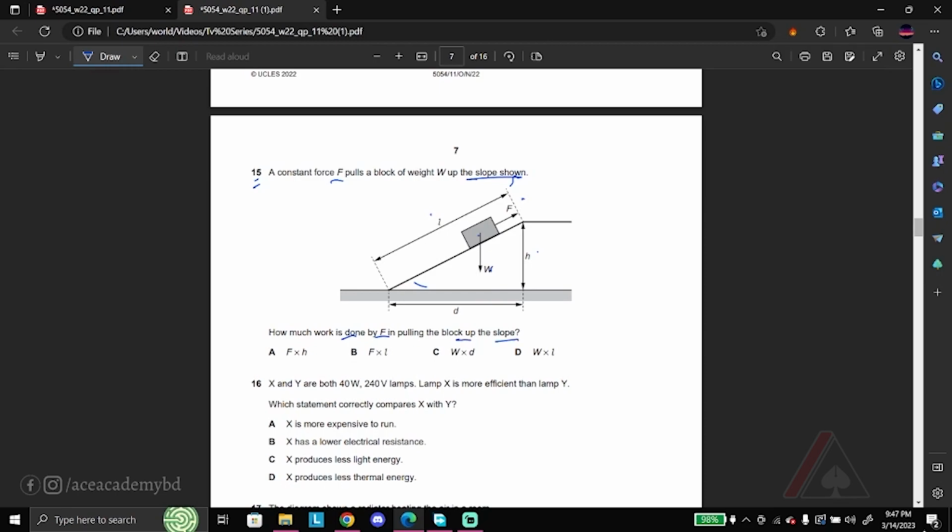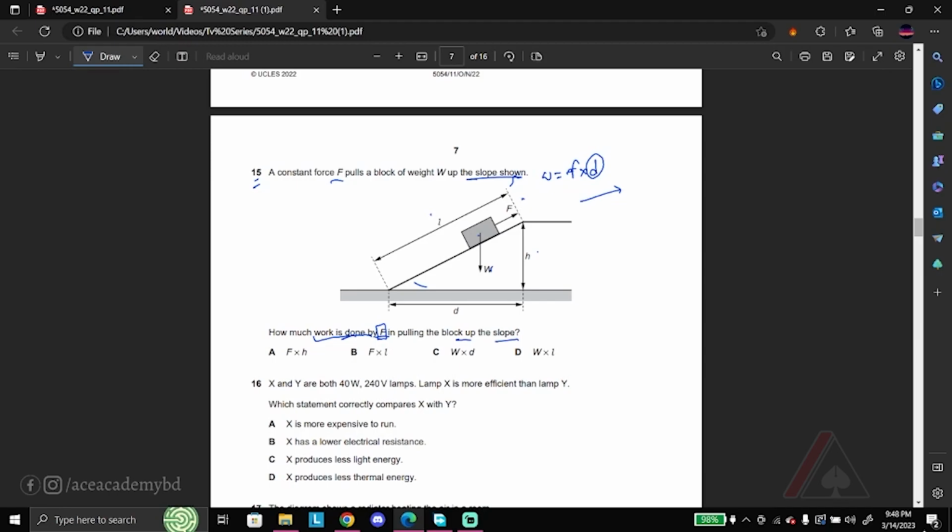If we recall the formula for work done, work done is equal to force into distance moved in the direction of application of force. So the distance that we will consider here will be only the distance that is moved by the object in the direction the force is exerted on it.